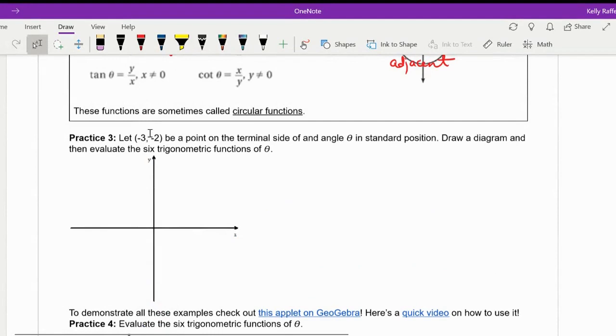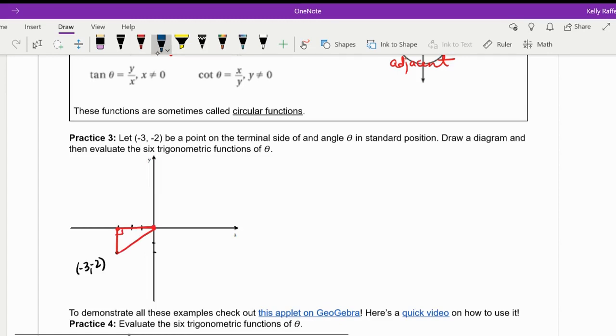I'm just going to set up our triangle here, and I think I'll just quickly do the sine as a quick reminder. So I've got -3, -2. There's my point. Remember, triangle comes from the x-axis, so your adjacent side is on the x-axis. My hypotenuse comes out from the origin. And here's my sides.